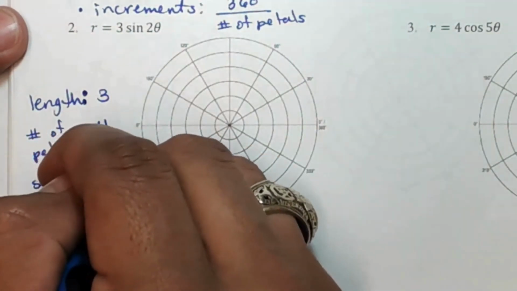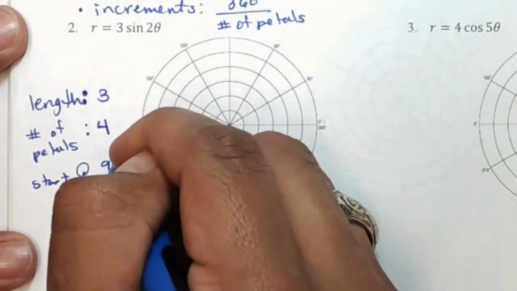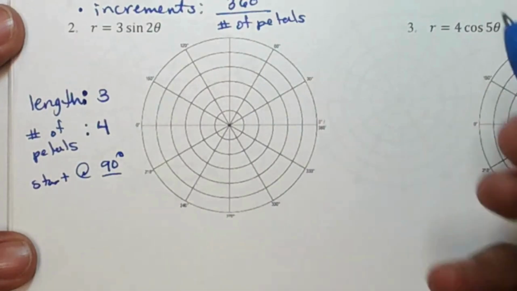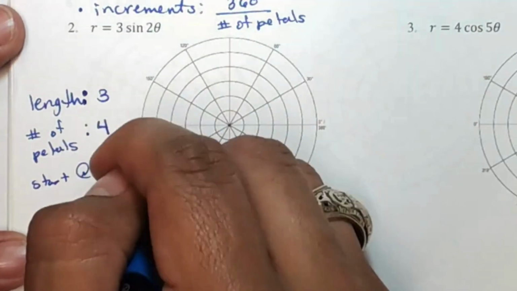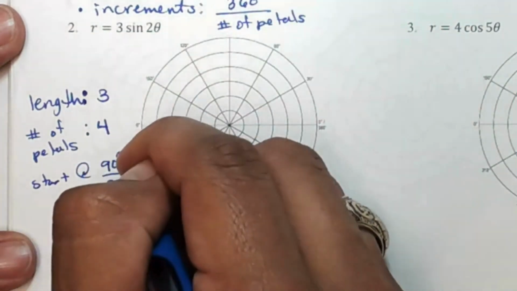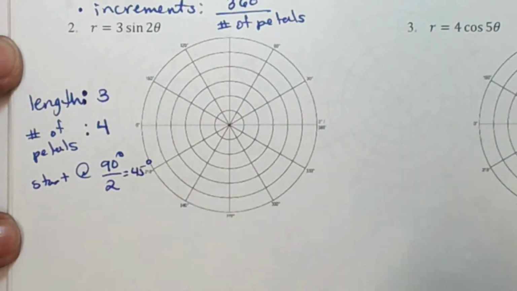Where are we going to start? Well, since this is a sine, we're going to start at 90 divided by n. Our rules say we're going to divide it by n, so n is actually 2. So we're going to start at 45 degrees. And then we need to figure out where our increments are.